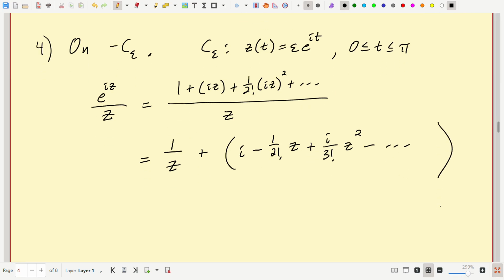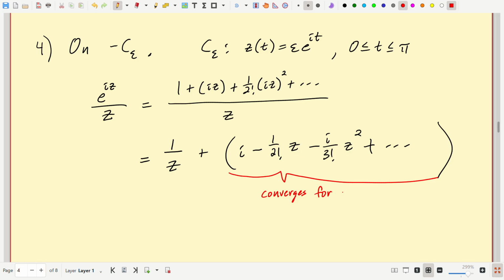That has the same radius of convergence. Okay, this converges. Would it be minus i over 3 factorial? Would it be? Oh, yes. Thanks. Minus plus.